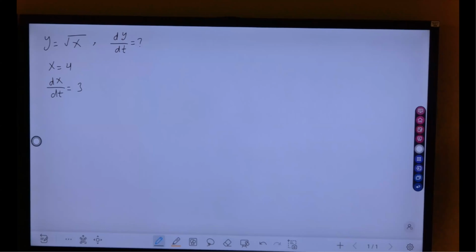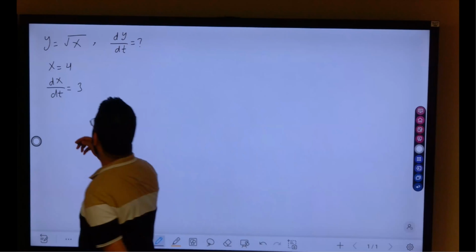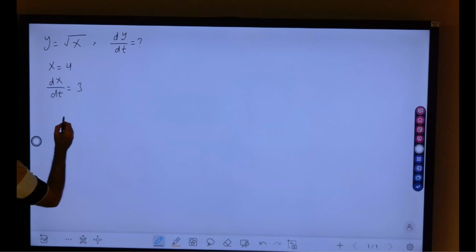So let's check how we're going to solve this one. The function y equal square root of x.